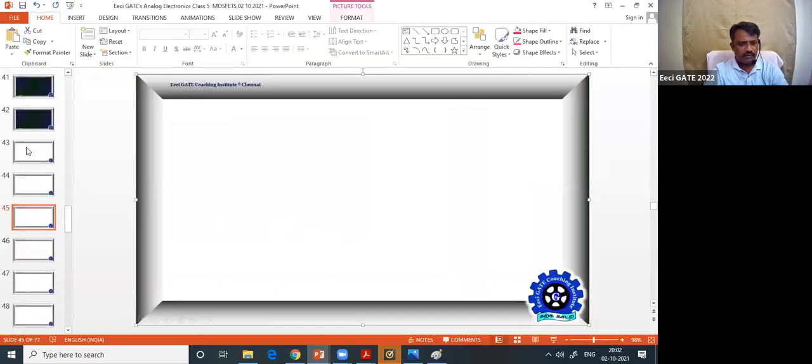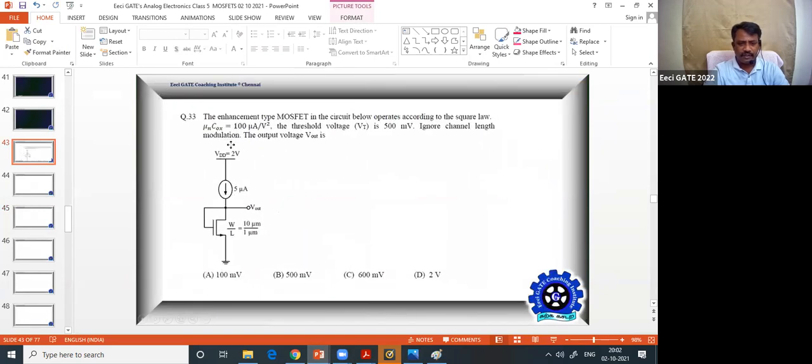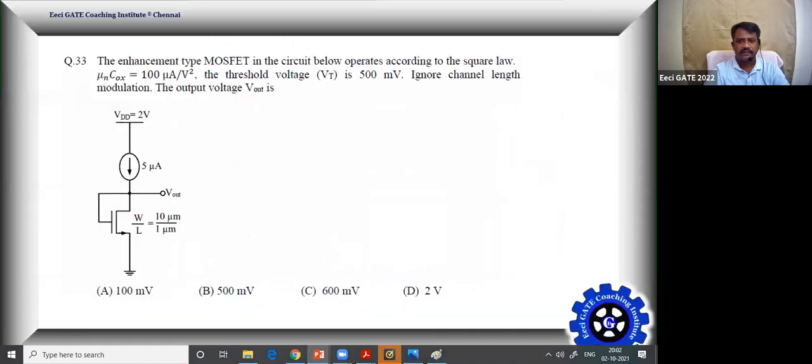Yes, try this problem. That is from GATE 2019, Electrical, for 2 marks. Similar to the problem we have done, but a little extra is given. So we'll use this problem to offer such a foundation.